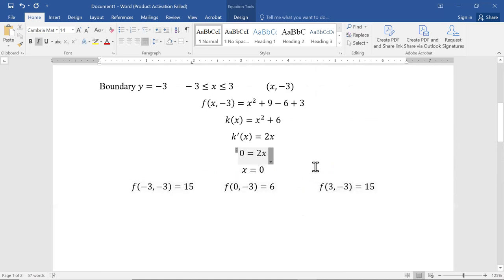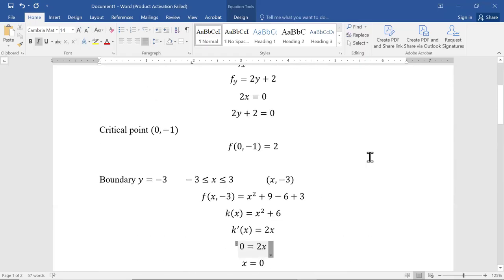And from what I said earlier, what's going to happen? Well, the absolute max and the absolute minimum are going to occur at either the critical point or the boundary points. Here we've already done the critical point. The critical point gave us out a 2.